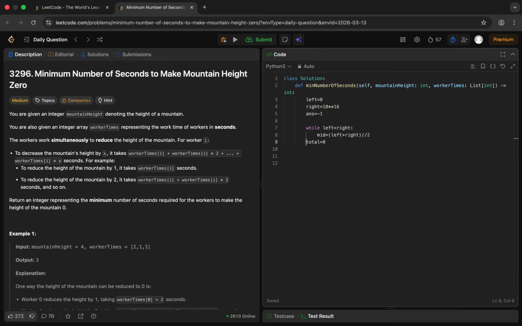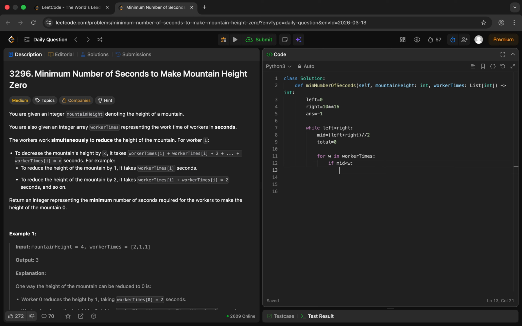This total will calculate the total number of seconds to reduce the mountain height using all the workers. So now simply go through the worker times. For w in worker times, you can simply check if the mid value is less than w.